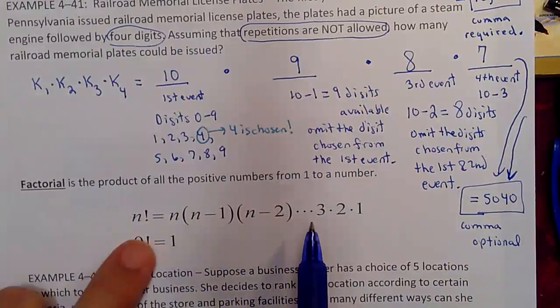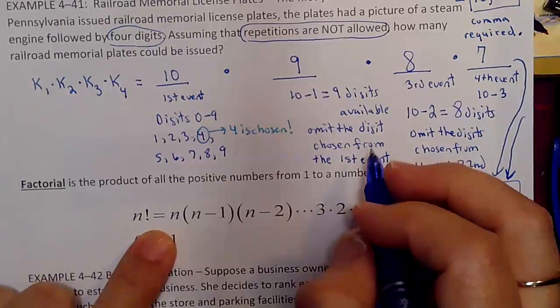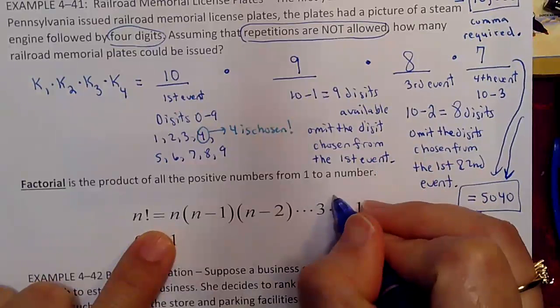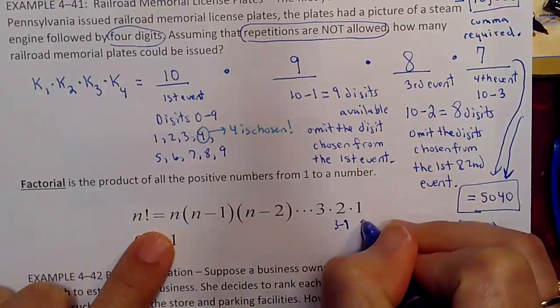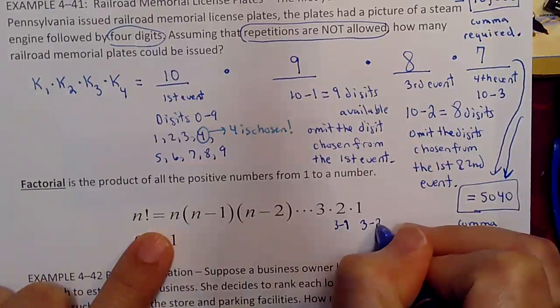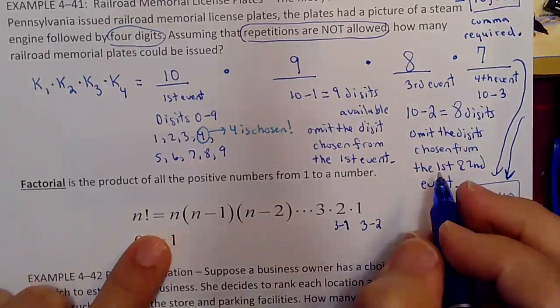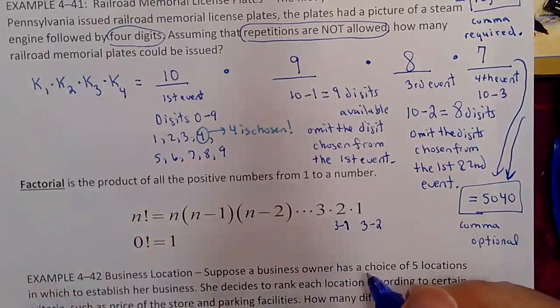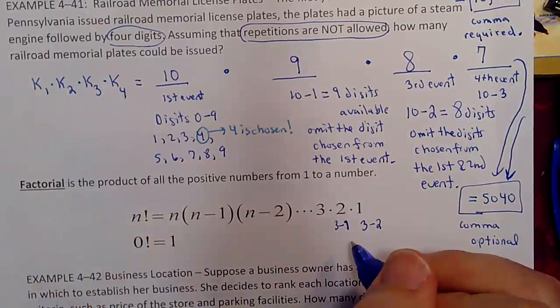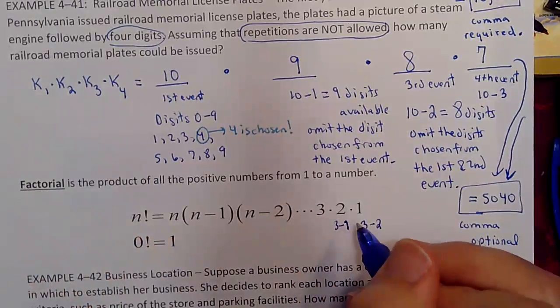They have 3, and then 3 minus 1 is 2, and then 3 minus 2 is 1. So they're letting n be 3: 3 times 2 times 1.